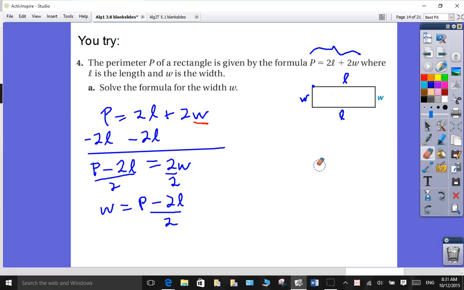Now, could you simplify that? Yeah, you really could. You could say that's P over 2 minus 2L over 2, which is P over 2 minus L. That's fine. That's what Mike had. That's good.